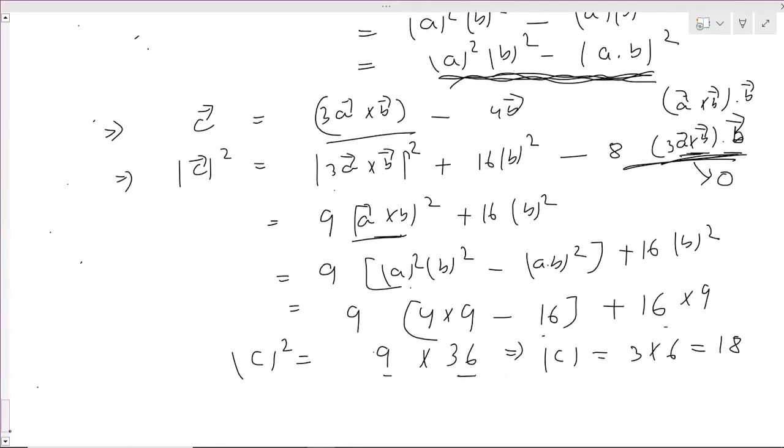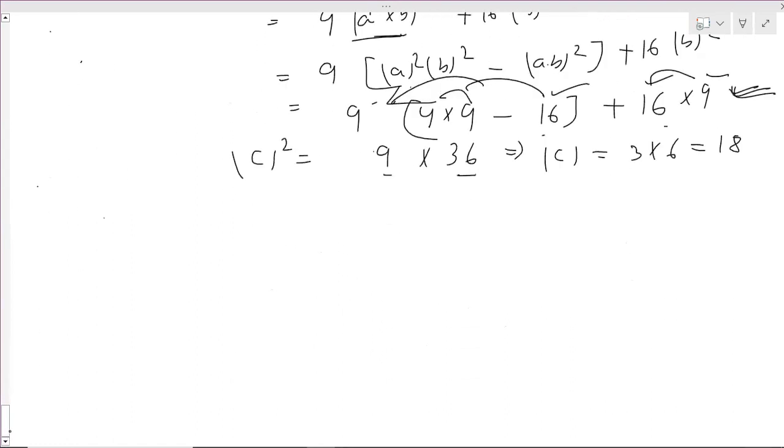Now, how to calculate this fast? You have to be good at calculation also, right? If you multiply, then subtract, then multiply this, then add, that becomes lengthy. You can just take 9 common. 16 minus 16 is 0. So 36, take under root. You do not have to multiply anything. This is how we save time. Next question.